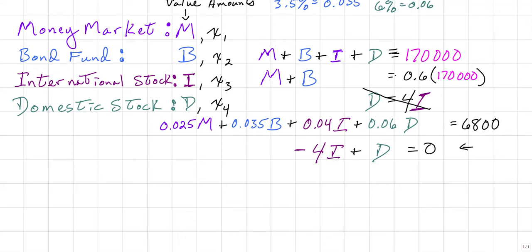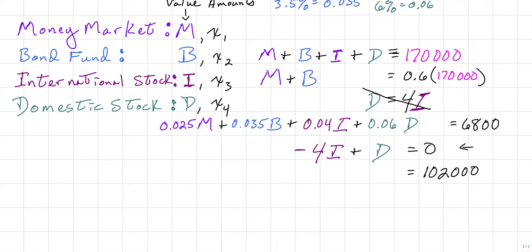Another thing that I want to do is go ahead and multiply 0.6 by 170,000. In doing so, I will know exactly what amount the investment in the money market plus the investment in the bond fund is going to be equal to. And when I multiply that, I end up with the following: 102,000.